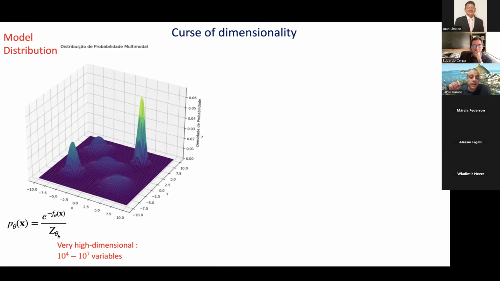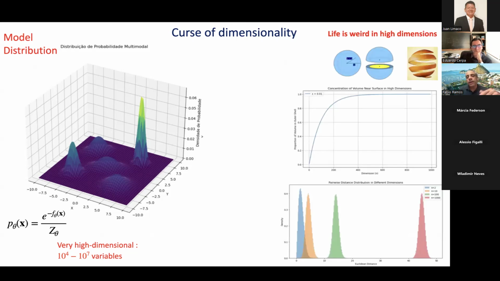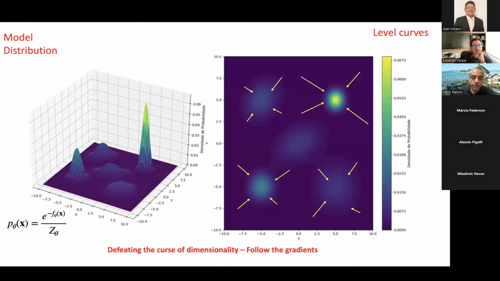And this is an integral. This is an expectation in a very high dimension. So for each theta you have to calculate a very complicated integral. And life is weird in very high dimension. It's very difficult to calculate integrals. There are all sorts of concentration of measure results. And that's what I try to avoid here.